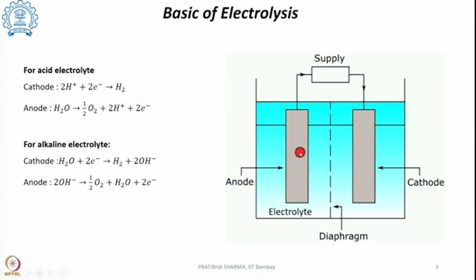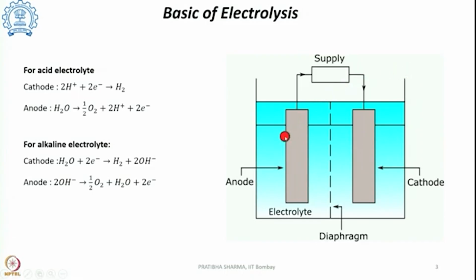Now, depending upon the electrolyte, if it is an acidic electrolyte, H plus ions flow. If it is an alkaline electrolyte, then OH minus ions flow. The ions flow in such a manner that H plus, in case of acid electrolyte, reach the cathode, combine with 2 electrons, and hydrogen is evolved at the cathode side.